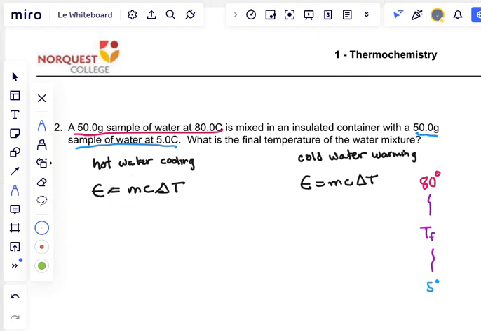For the hot water, the mass is 50 grams. The specific heat, it's water, 4.19. The temperature change is going to be from 80 degrees down to whatever this final temperature is. I don't know the final temperature, but I can still write that the temperature change is 80 minus TF.